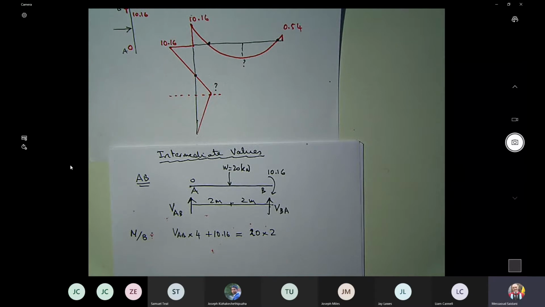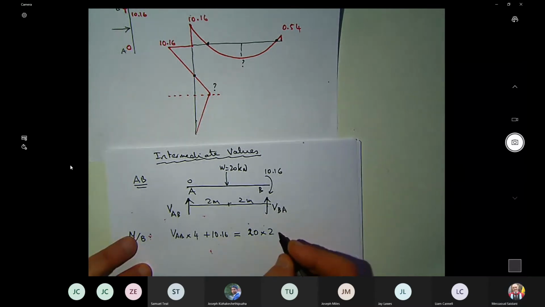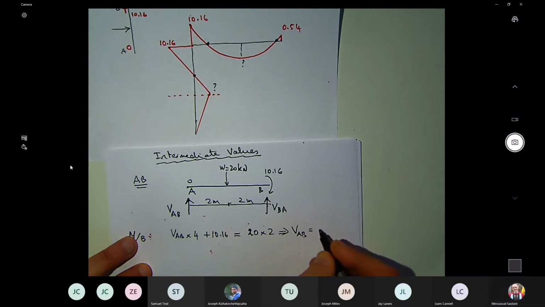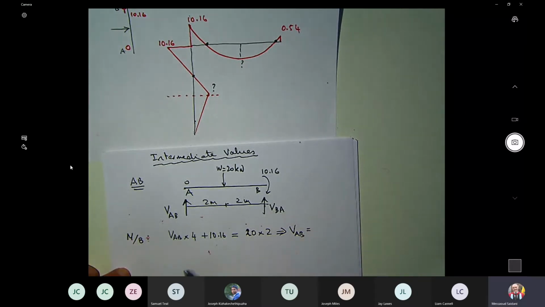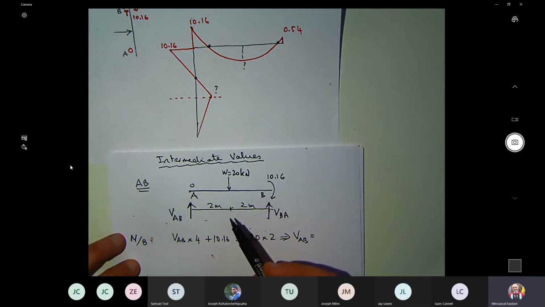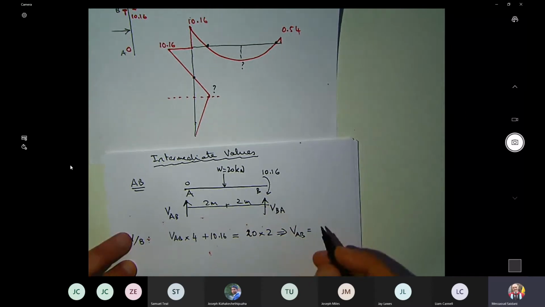I've got 7.46 for the reaction at A. Sorry? Is it moments about C or moments about B? We're talking about B here. It's a column that I flipped horizontally. It's easier to deal with it that way.